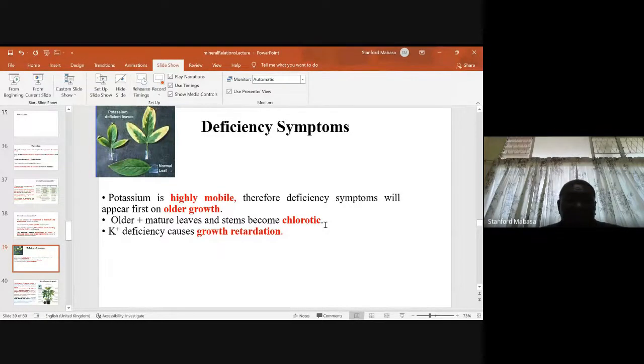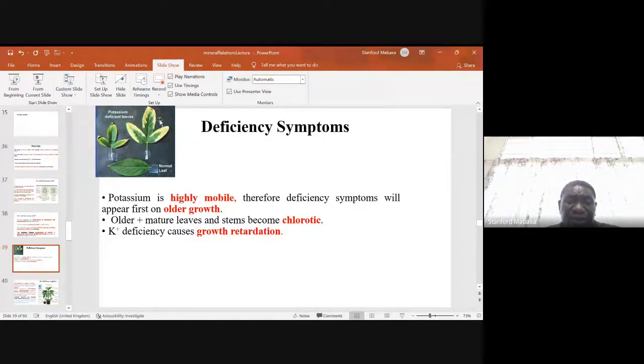Now, on leaf edges, it can cause chlorosis. It's also highly mobile, and the symptoms can be seen on older leaves. Lack of potassium causes growth retardation.